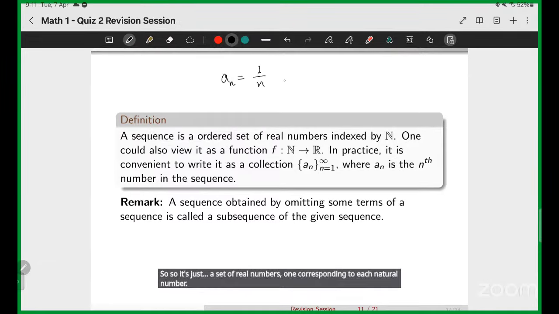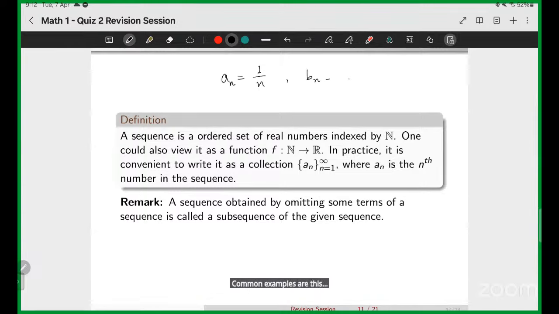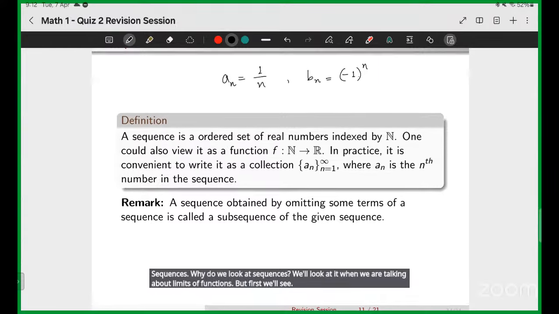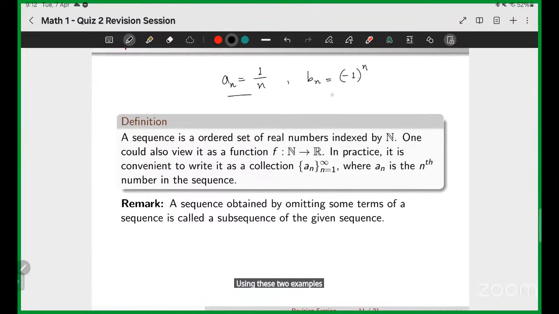Common examples are these; all of these are very common examples. Now, why do we look at sequences? We'll look at it when we are talking about limits of functions. But first, we'll see, using these two examples, what it means for a sequence to converge or not.